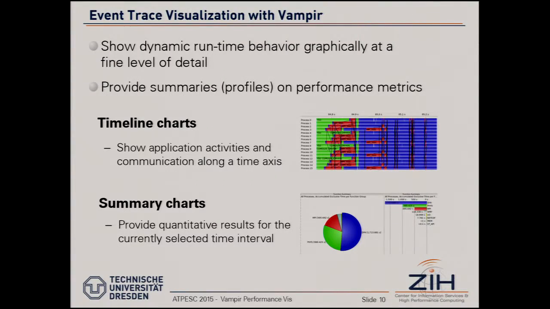Those can be processes, threads, GPU streams, anything you can record that's kind of a computation context, can be such an event stream. And you can have summary charts that are like your normal profiles that you can look at.